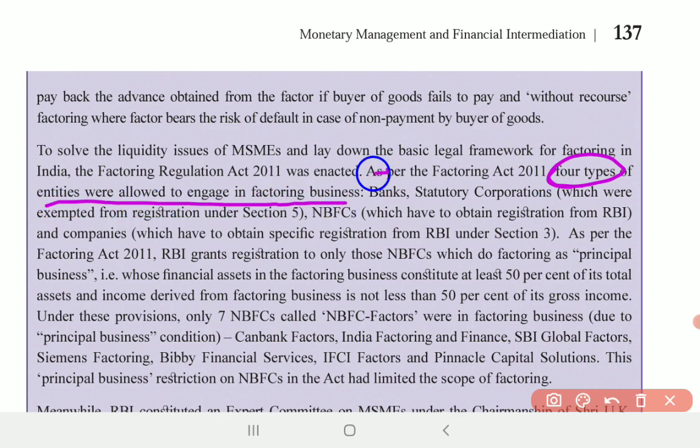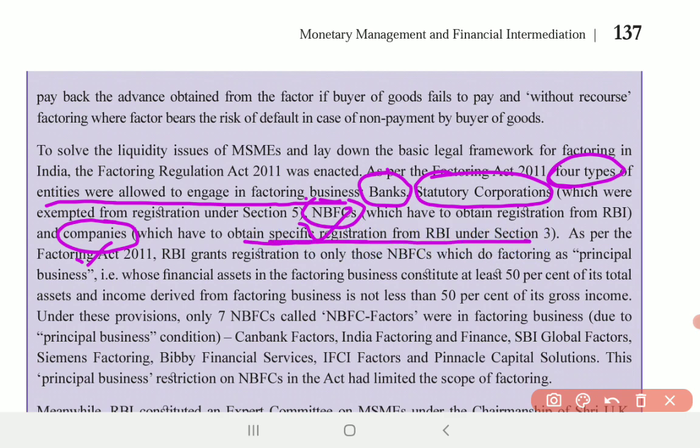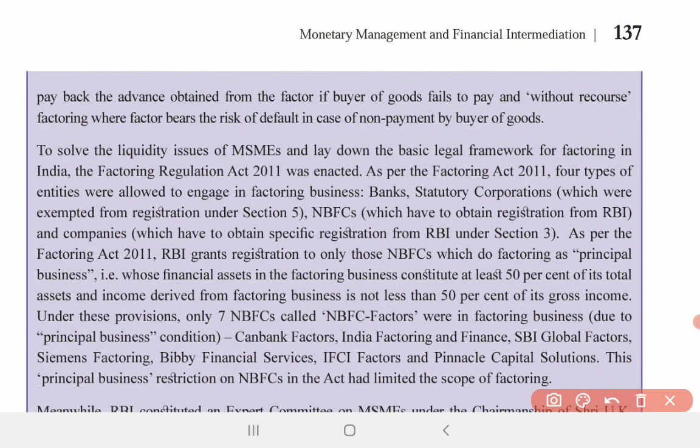What are the 4 entities? Banks, statutory corporations, NBFCs and companies. Entities like companies and NBFCs involved in factoring business have to get a license, a kind of registration, from RBI, whereas banks and statutory corporations don't need it.